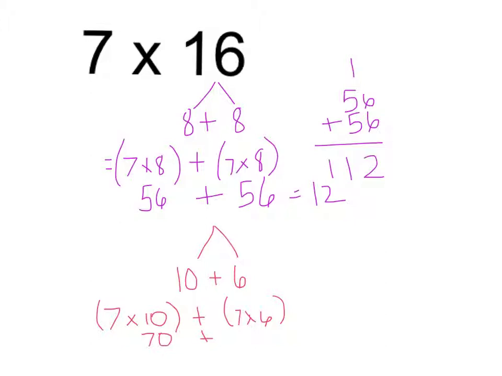Plus 7 times 6, if I roll my 6s to 7, is 42. This is also easier to add. 70 plus 42, because I'm always adding a 0 here in the ones column. And that equals 112.